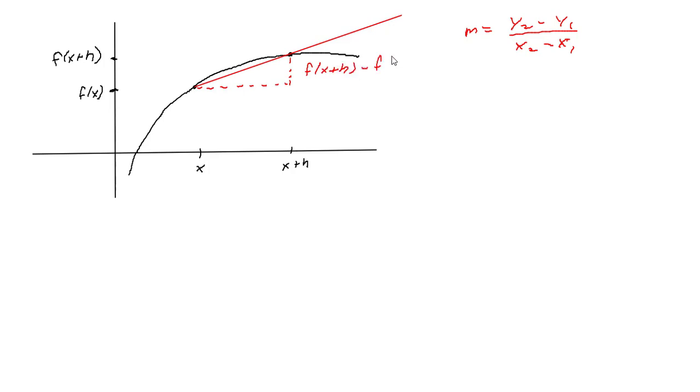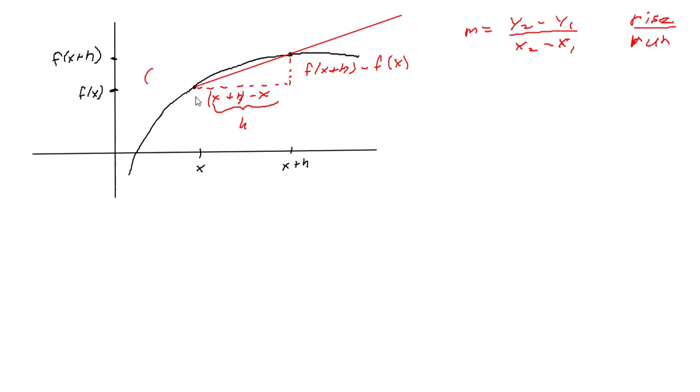When we think about it as rise over run, this is our rise. And then our run here would be x plus h minus x, which would just simplify to h. Or you could also think of that as x2 minus x1. This is our x2, x plus h, minus our x1, which was our x. This coordinate minus this coordinate.